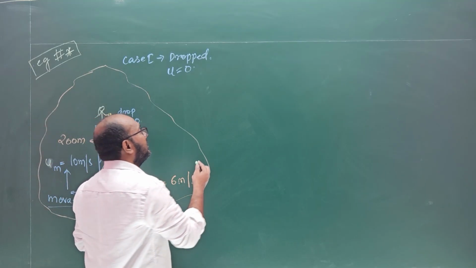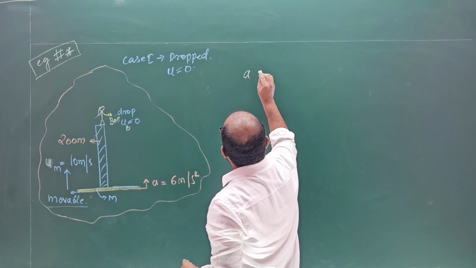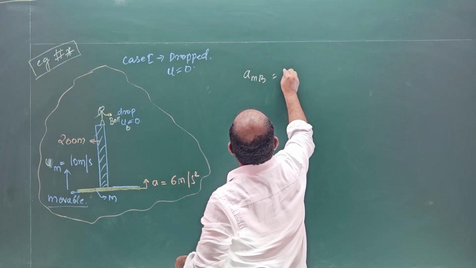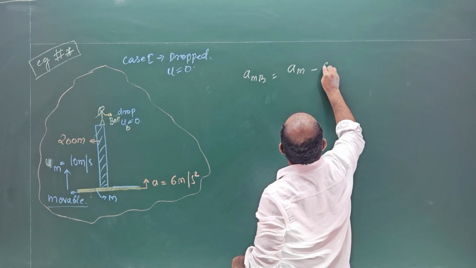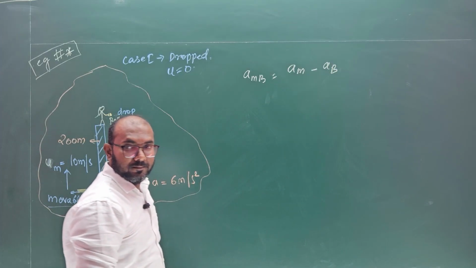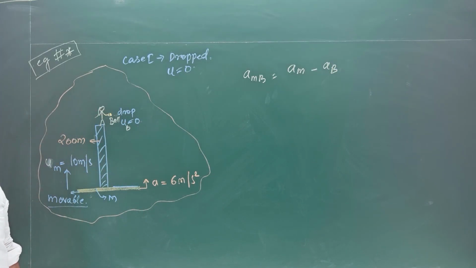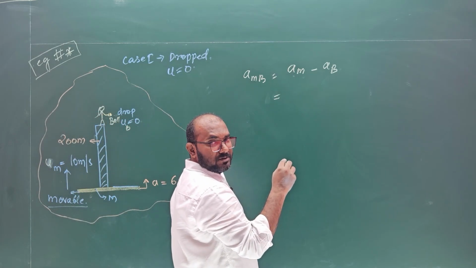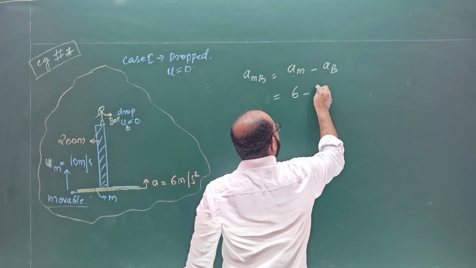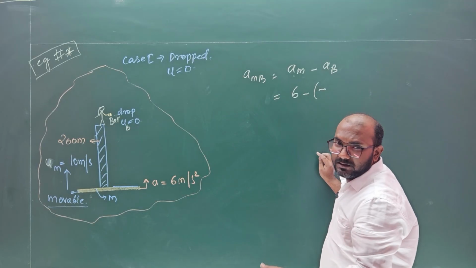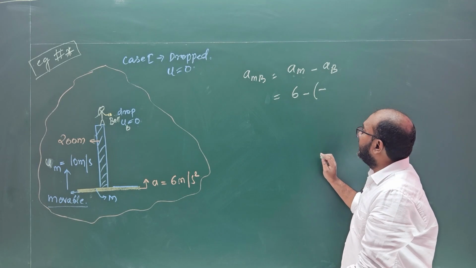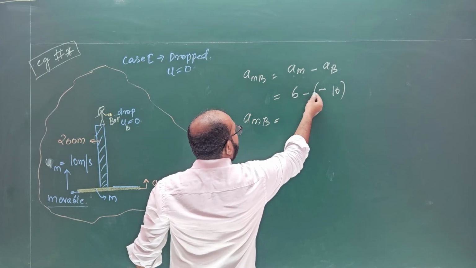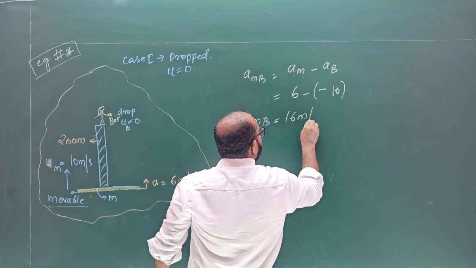If I want to calculate the acceleration of M with respect to the ball, it can be written as AM minus AB. Can I also say that AM is going in the upward direction, so it is positive, and the value is 6, minus the acceleration acting on the ball, that is nothing but g, and g is always 10. So AMB is nothing but 16 meter per square second.